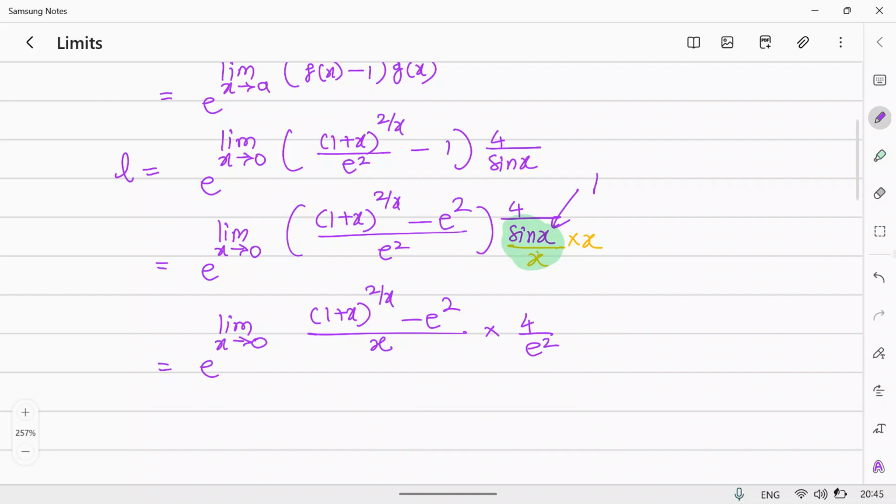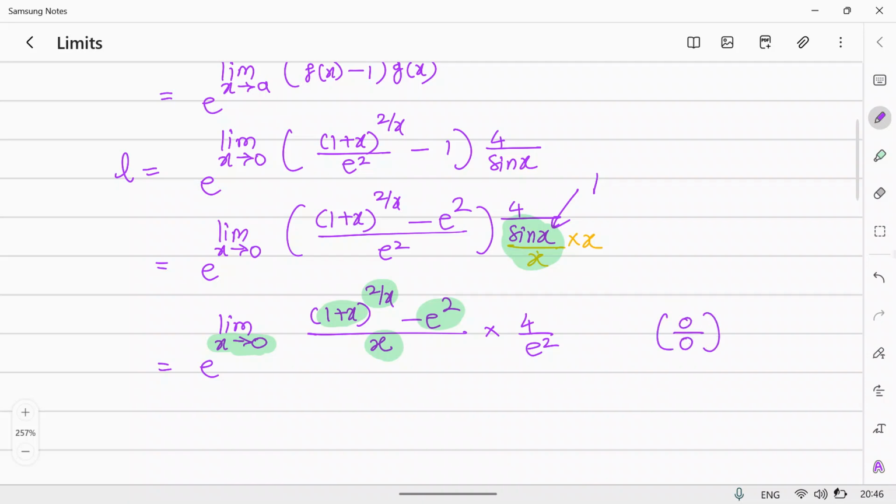Okay, now how would we proceed further? If I substitute x as 0, this will be (1 plus x) raised to 1 by x, again e square minus e square is 0, and this is 0 upon 0. So basically that is a 0 by 0 format.